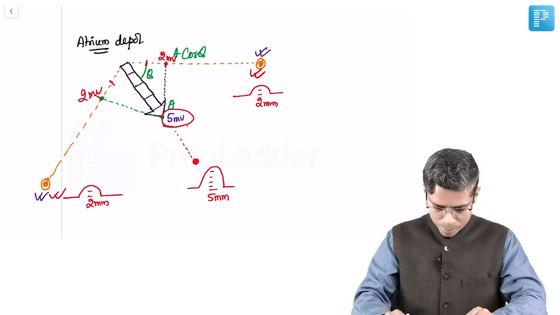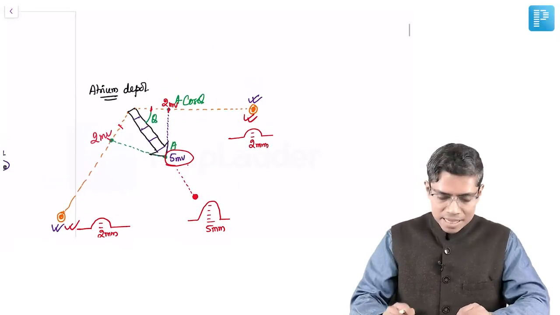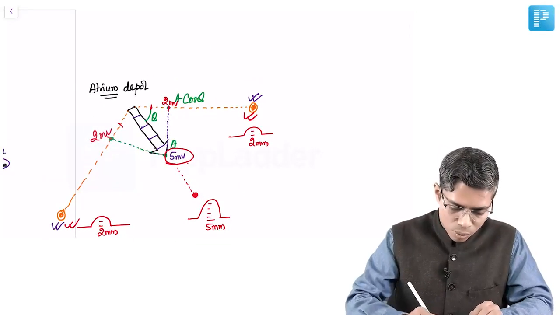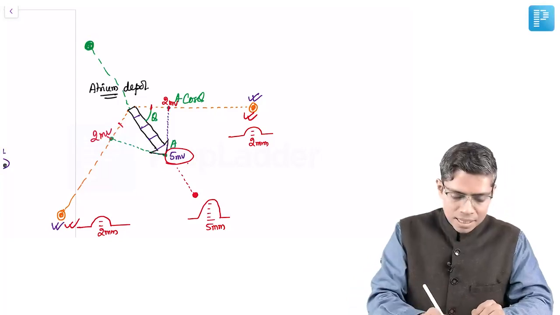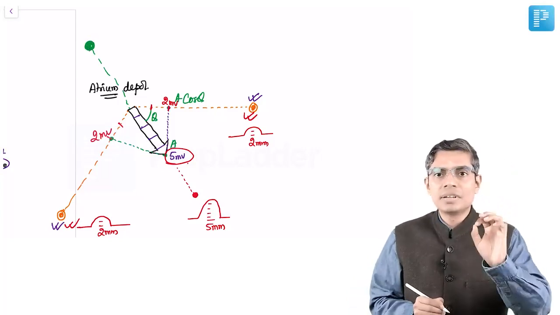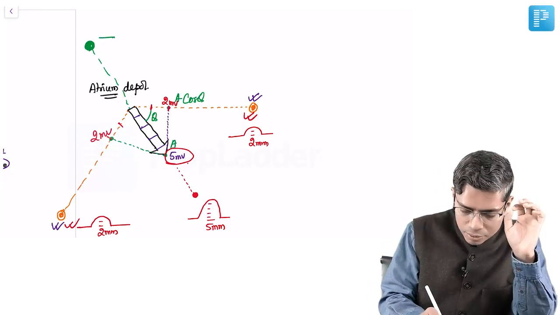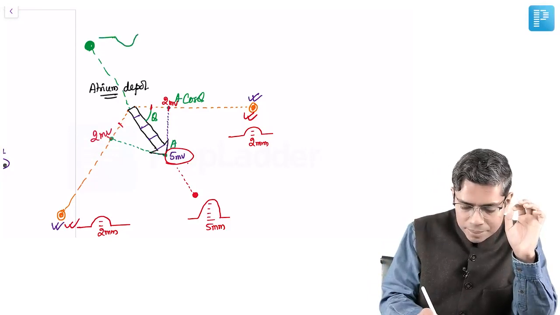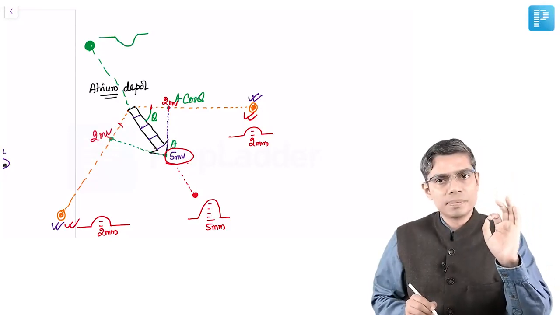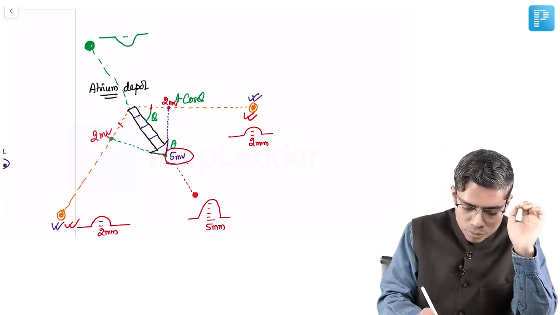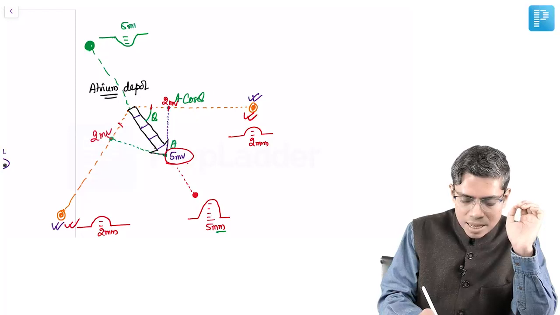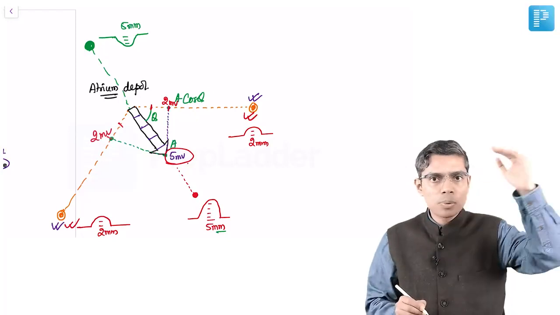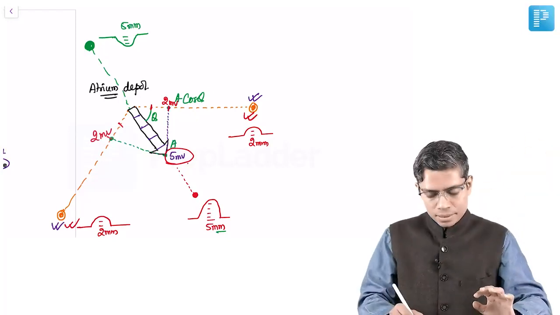Getting my point? But if your lead is placed just opposite to this voltage vector, suppose one lead is here, then this lead will record a wave which will be negative rather than positive, and the amplitude will be almost similar to this 5 millimeter amplitude if it is just opposite.